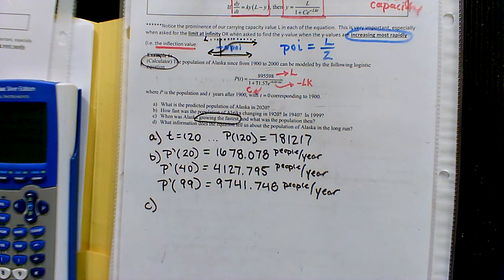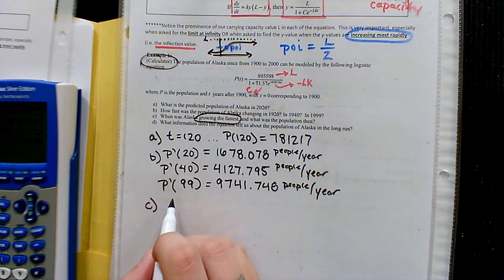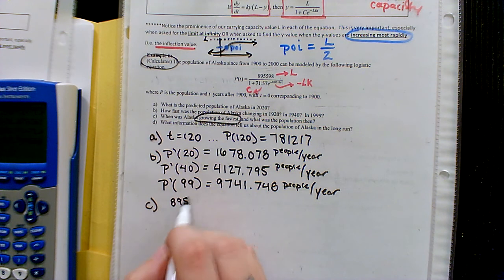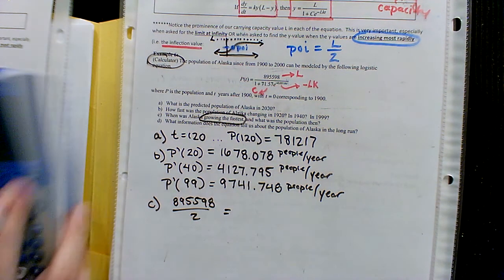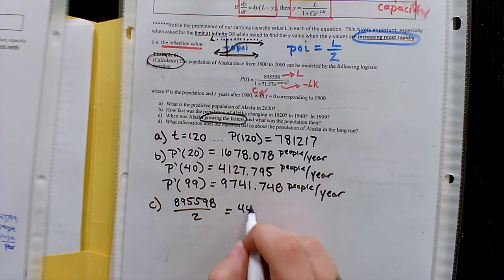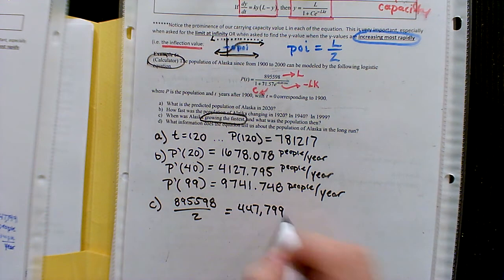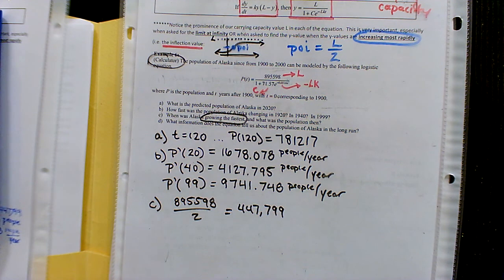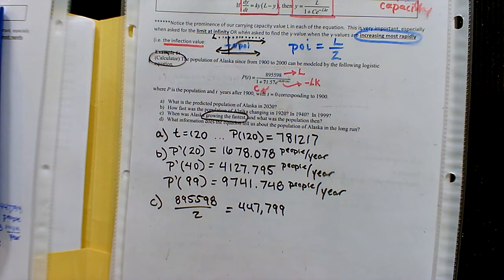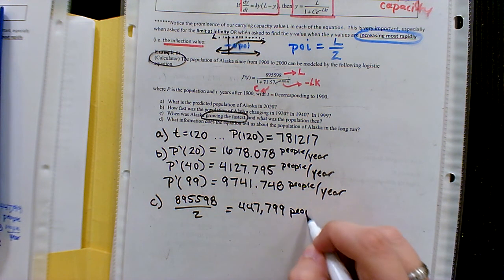Okay. It's halfway of the carrying capacity, which is 8,95598 divided by 2. Half of that, 447,799. Okay, but this is representing people.